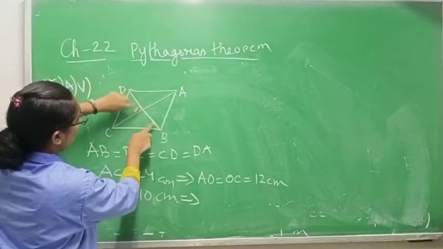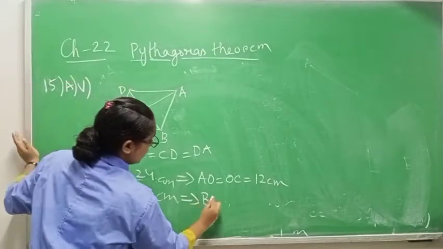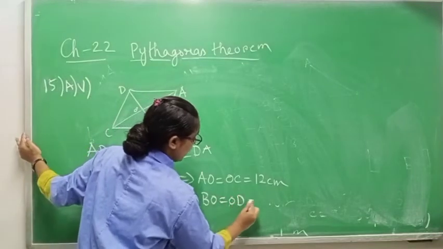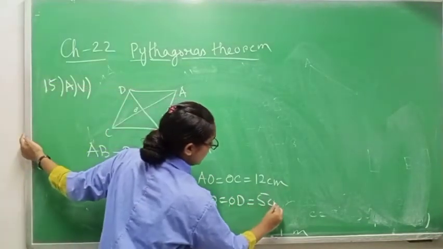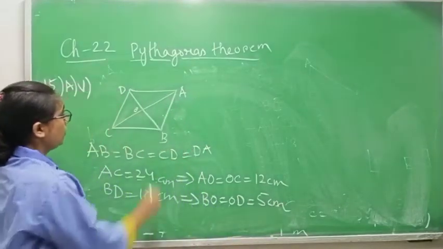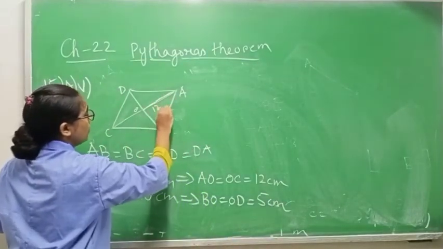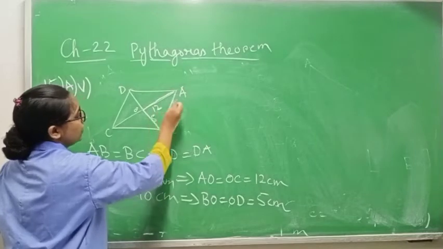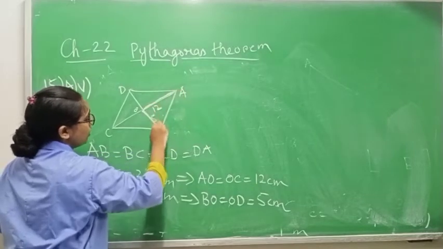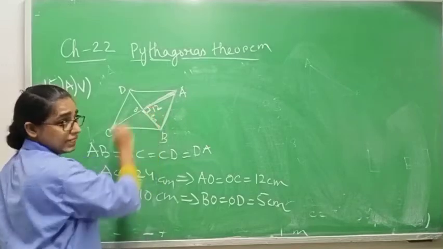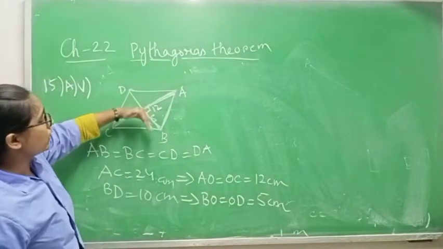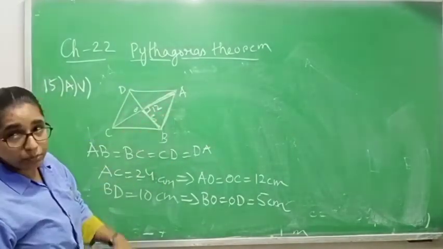It means BO and OD, BO equals OD equals how much? Half of 10 is 5 centimeter. Okay. Now this one I am taking 12 and this one is 5, we can find from this triangle. You know that it will make 90 degree. So means perpendicular and base, you have to find hypotenuse.